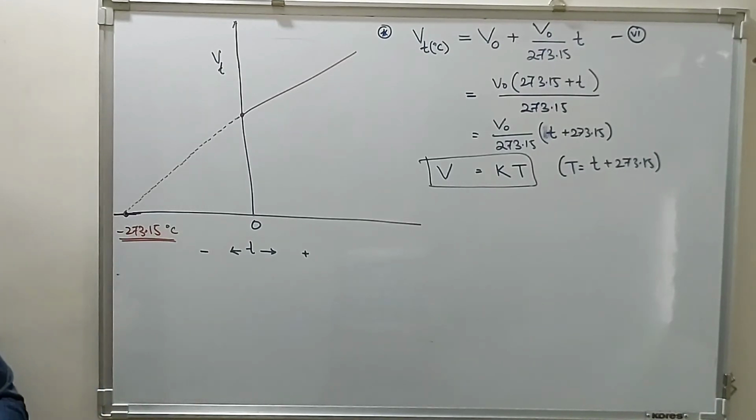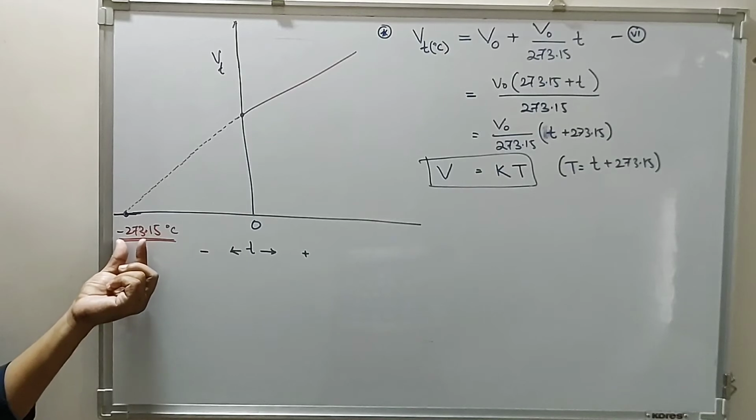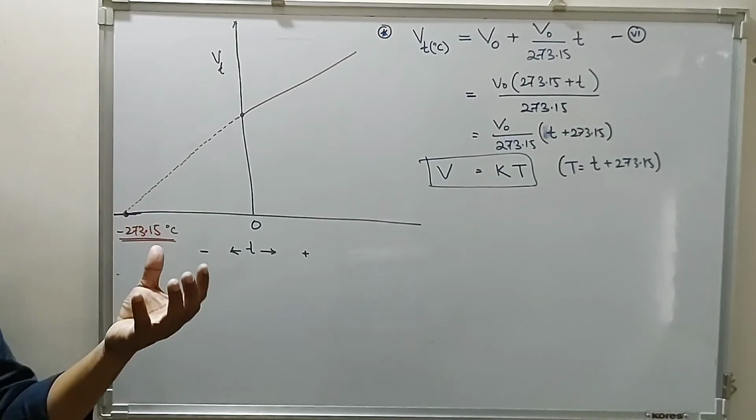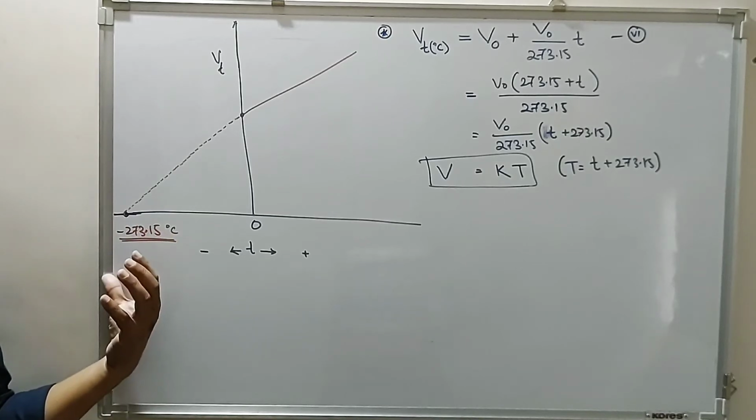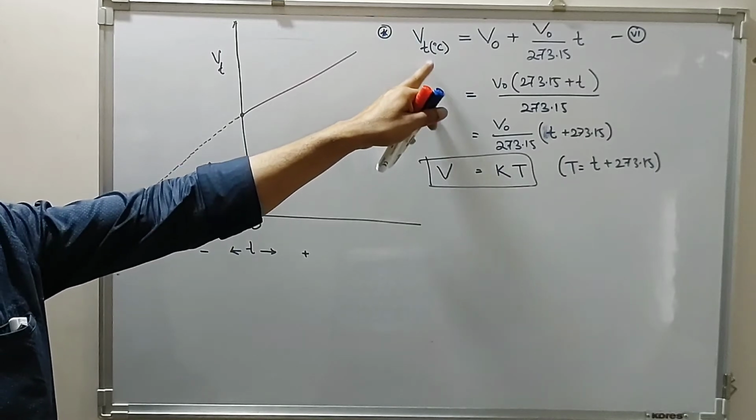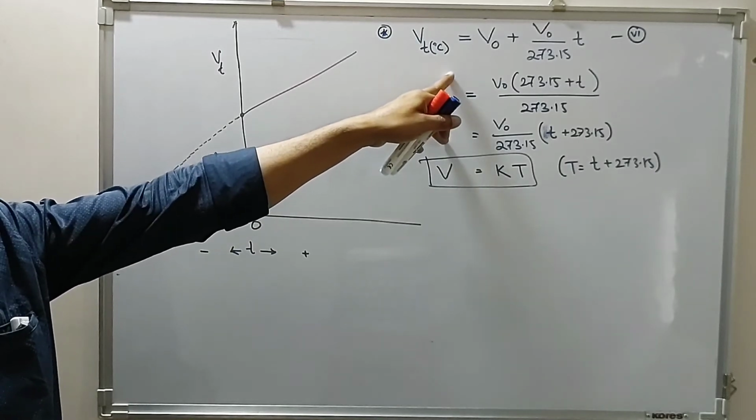Again I am repeating: according to Charles law, the minimum temperature up to which the gas can be cooled is minus 273.15. At or near this point gas disappears and volume changes to 0. So this is Charles law in degrees centigrade.